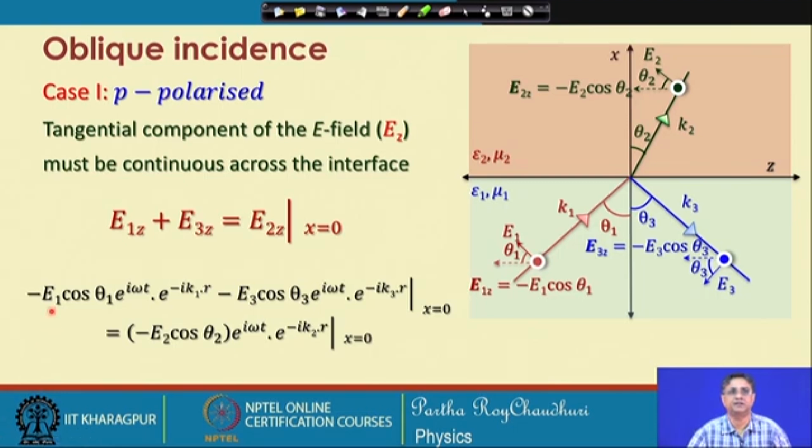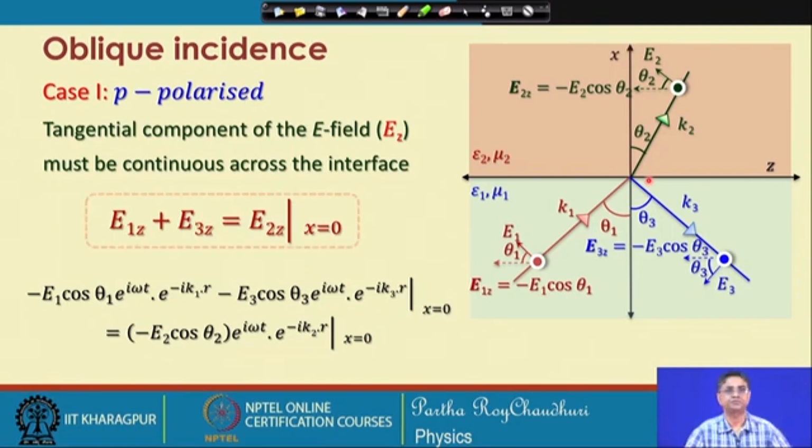So, we can write this tangential components continuity condition, that the incident electric field tangential component plus the reflected electric field tangential component will be equal to the transmitted electric field tangential component, that is E 1 z plus E 3 z equal to E 2 z. So, they must be continuous across the interface, that is at x equal to 0 at this point.